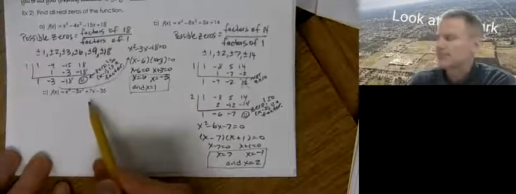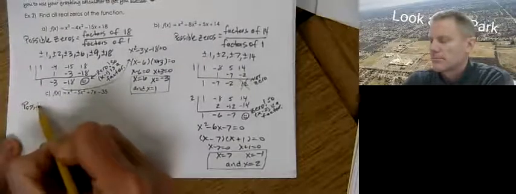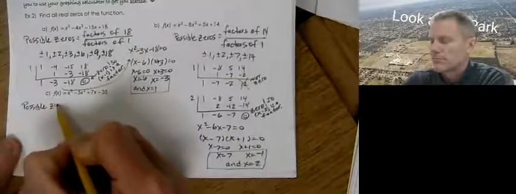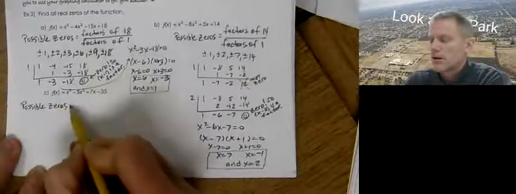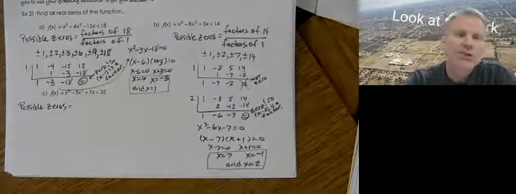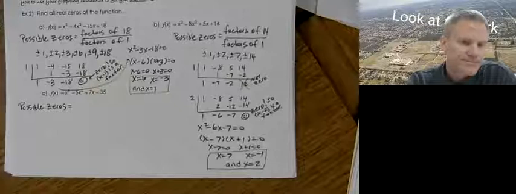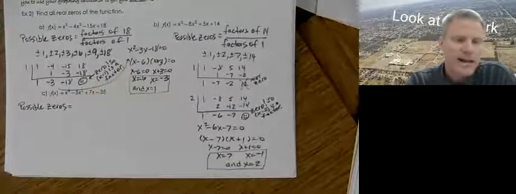We're looking here. All right, why don't you pause the video and see if you can figure out your possible zeros for this polynomial. And then turn it back on and come check it out.